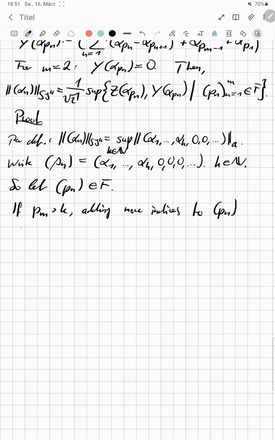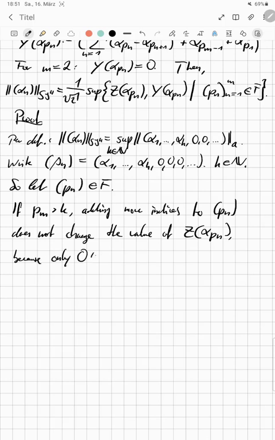And doing that will not change the value of Z alpha Pn, because only zeros would be added, and since there already is 1 0, this would not change the norm.